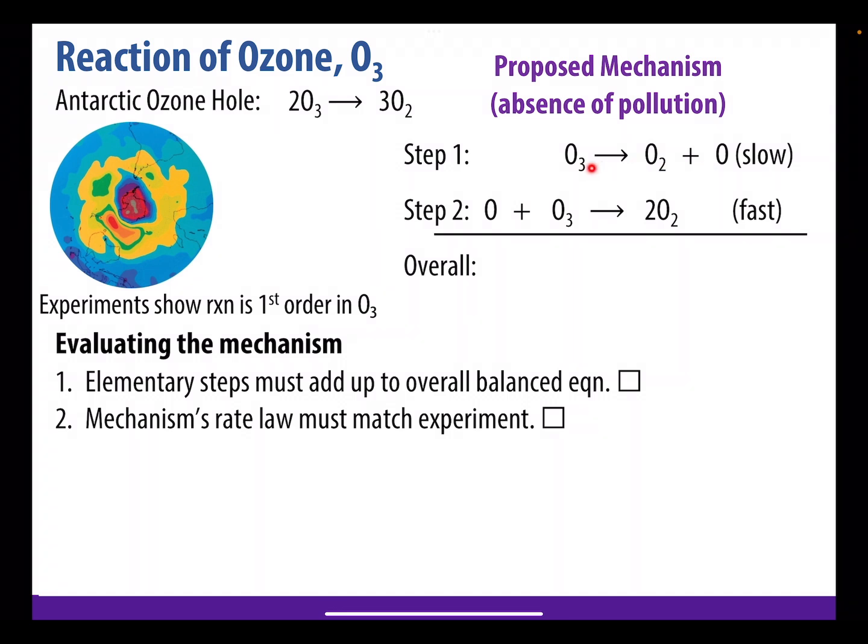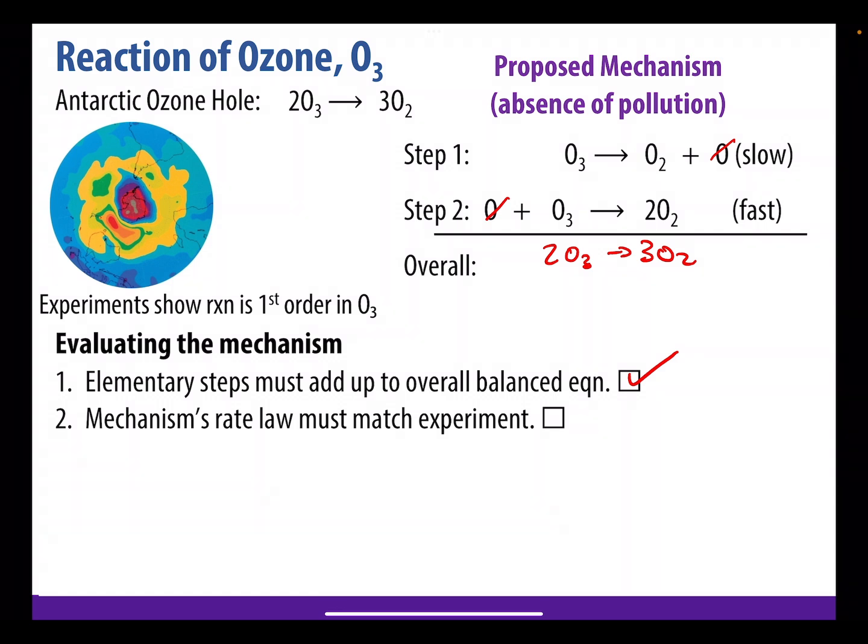We have this proposed mechanism where O3 dissociates into O2 and a free oxygen atom. Then in step 2, the free oxygen atom collides with another O3 to make 2 O2 molecules. Criterion 1 is that the elementary steps must add up to the overall balanced reaction. When I look at that, the O is going to cancel, and I will get 2 O3 goes to 3 O2. That does, in fact, work out.